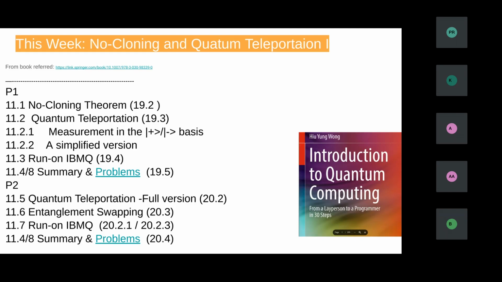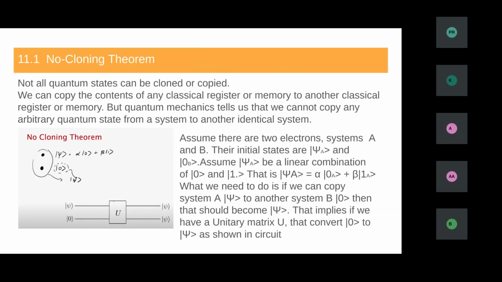Let me start with the no-cloning theorem. Remember that we had gone through some of the things. The difference between me and Professor Gokhale has been that I have been following the logic of MS bit to LS bit.